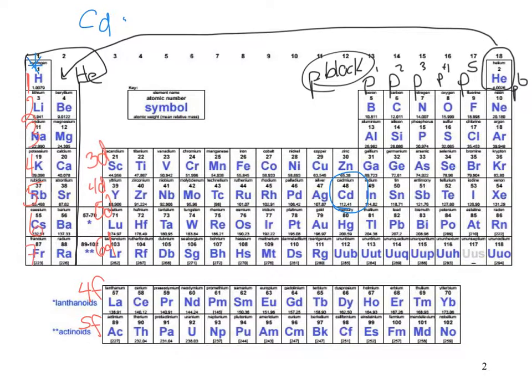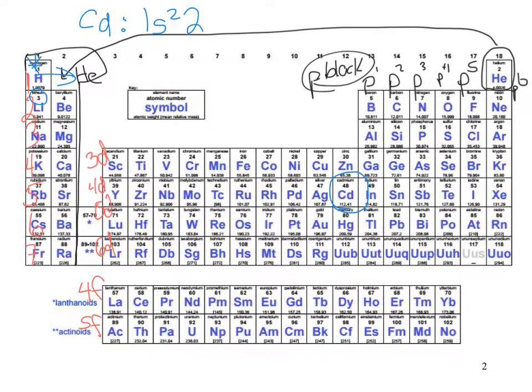All right, so first thing is I start in row 1, and I'm starting in the s block, so there's my 1s. And for the superscript, it's how many elements you need to get through to get to the next block. In this case, it's 1s2. I have hydrogen and I have helium. Then I go to the next element, which is lithium.